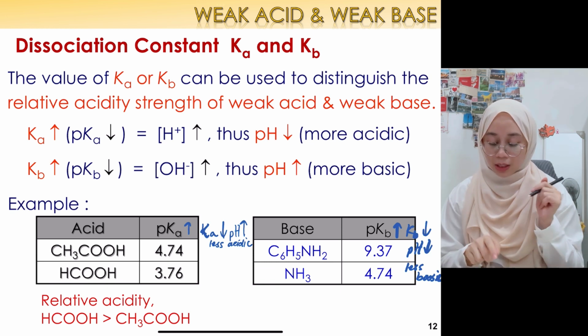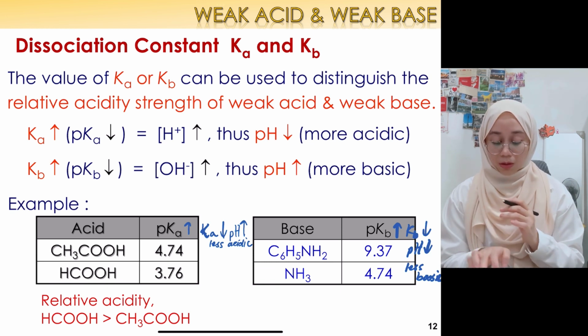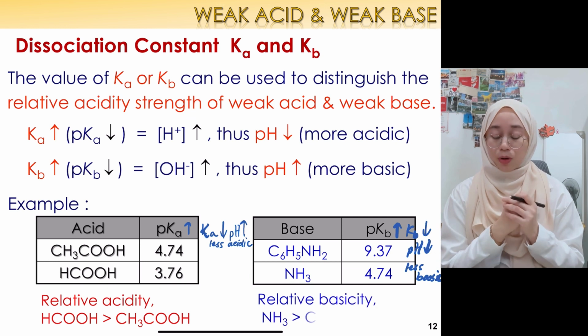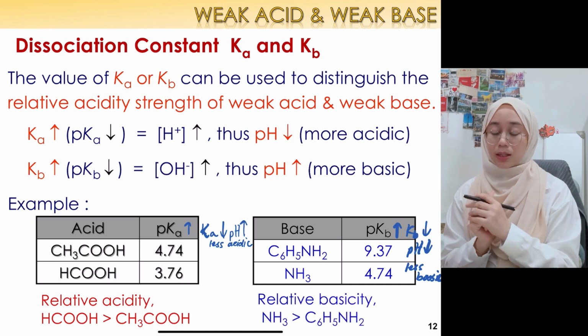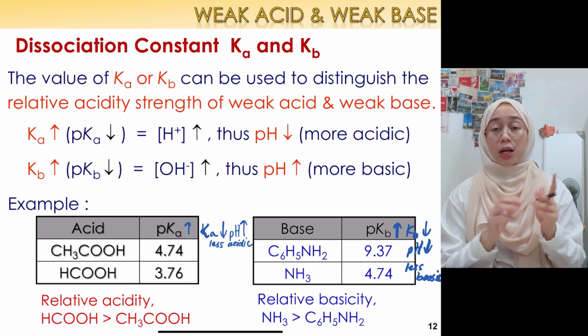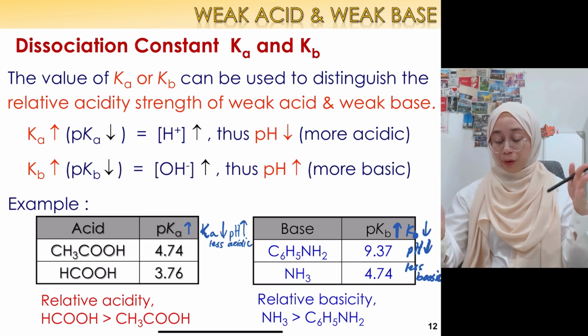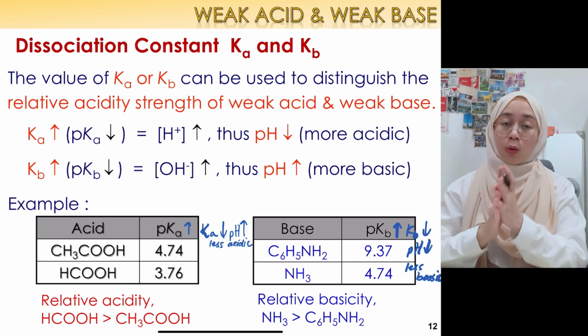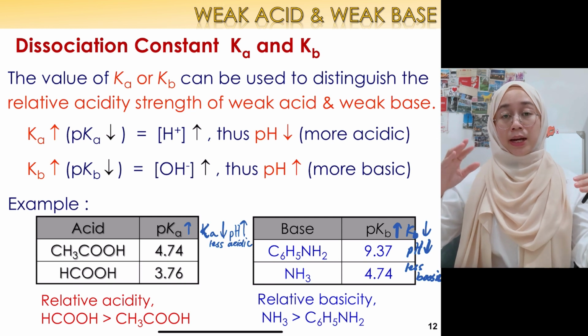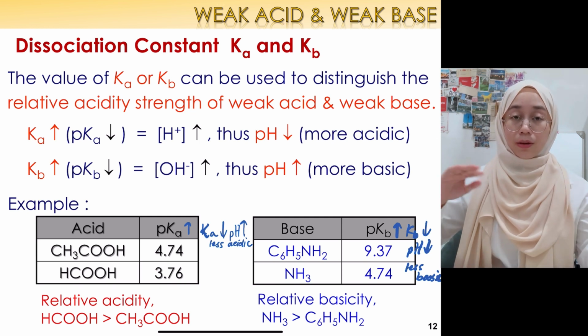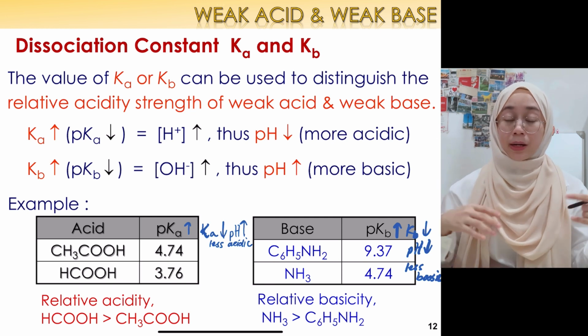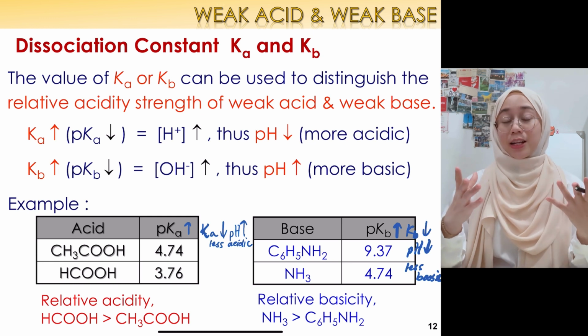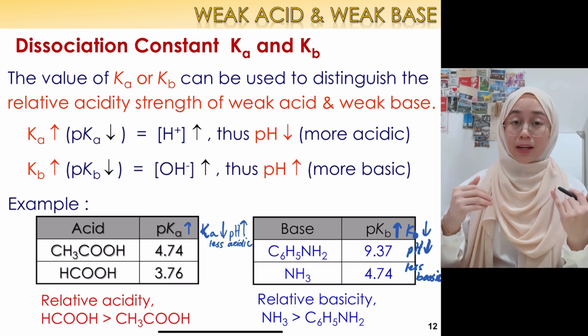So pKb rendah adalah ammonia. So relative basicity kat sini, ammonia is more basic daripada C6H5NH2. So basically daripada value pKa ataupun value pKb, we can also arrange the acidity ataupun basicity in increasing order ataupun decreasing order. Daripada situ pun kita tahu yang mana lagi kuat ataupun yang mana yang lagi lemah dia punya acidity or basicity.